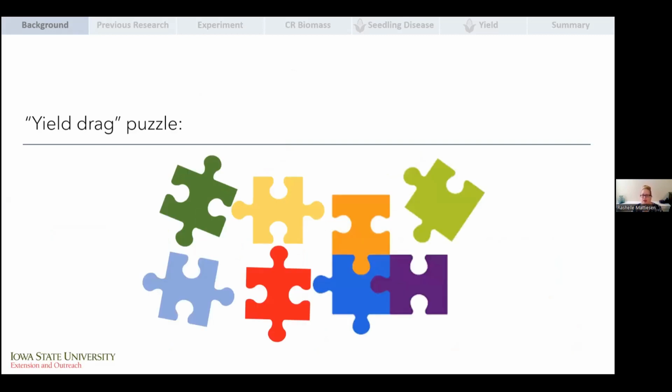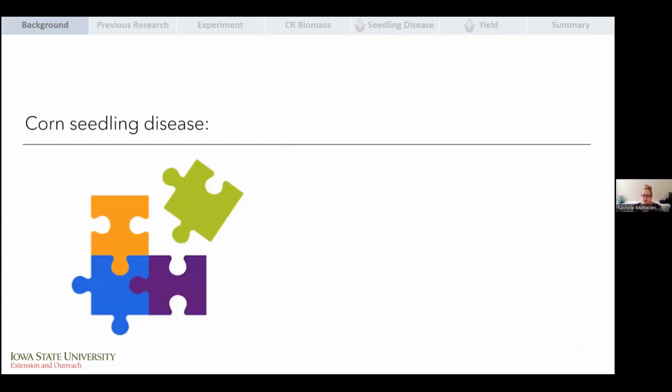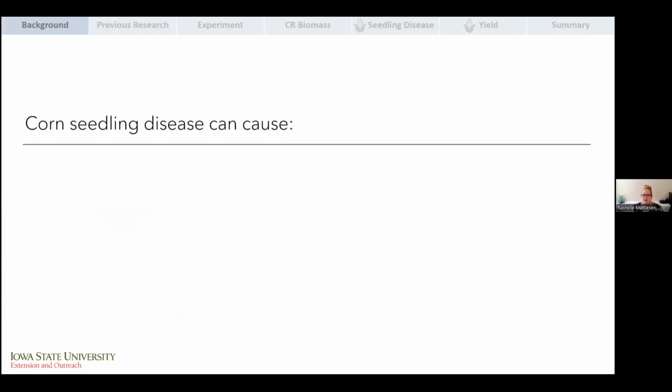And Allison and Tom were talking about the fact that there could be another piece to the puzzle, which is corn seedling disease. And corn seedling disease can cause a couple of different things that can happen to the corn stand.